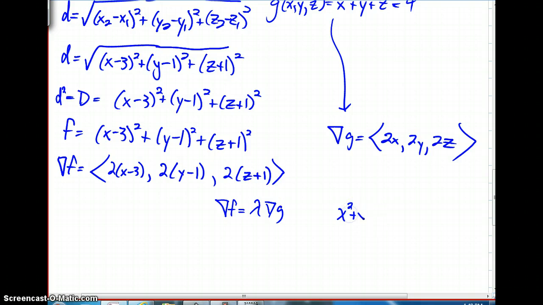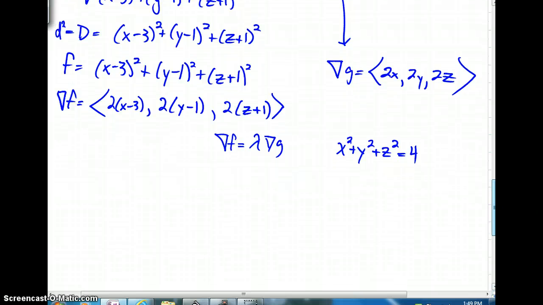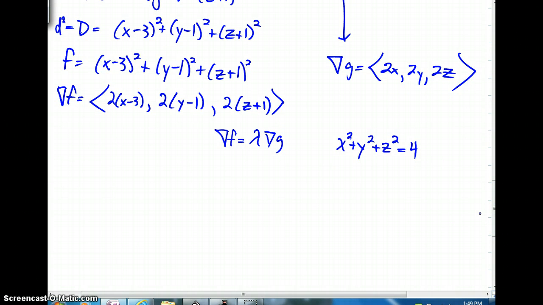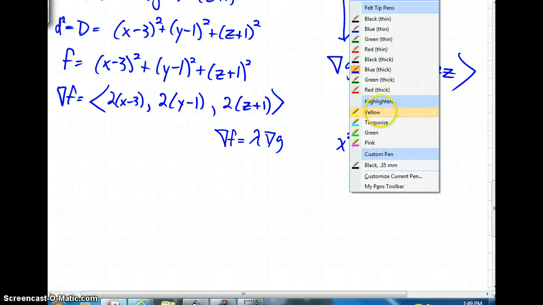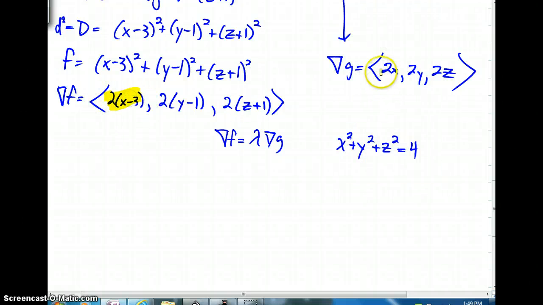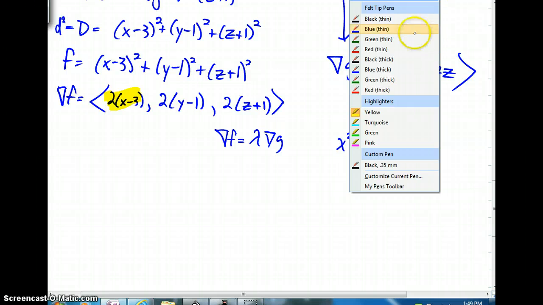We're also going to have our constraint. So this is super important: while we are looking at the gradient of f being equal to lambda times the gradient of g, we can't forget that we also have x squared plus y squared plus z squared equals 4.